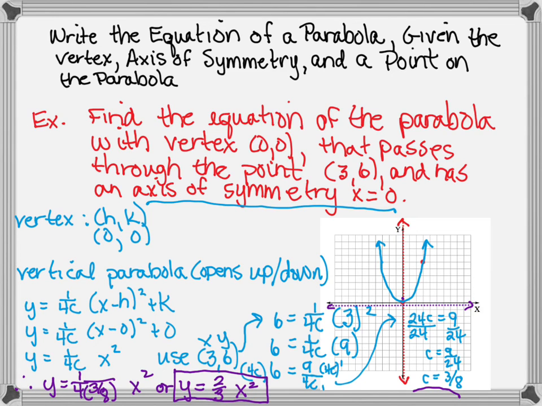Our directrix is about here, which is y equals negative 3/8. Again, it's hard for me to plot that exactly, so it's about there. So our focus is at 0, 3/8. Our directrix is at y equals negative 3/8, and that came from c.